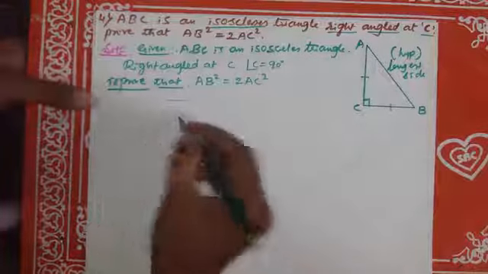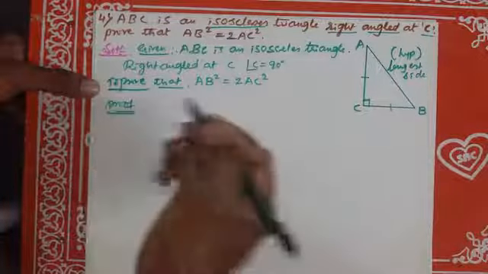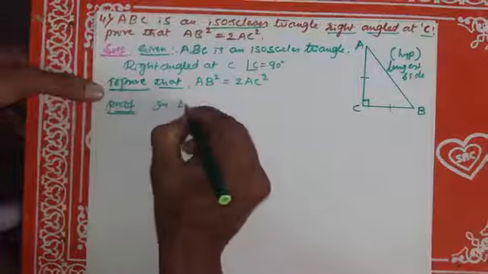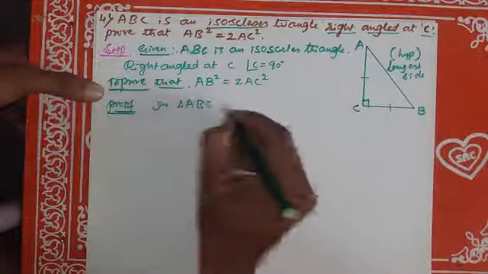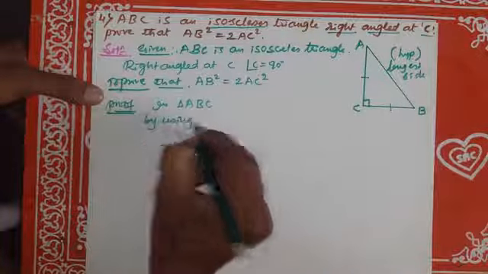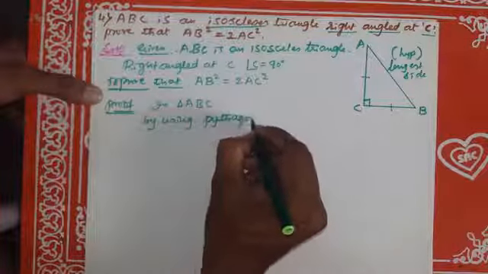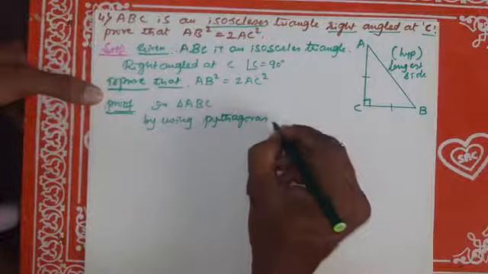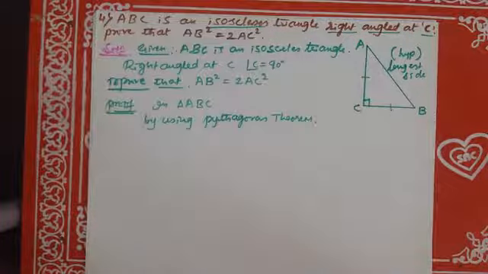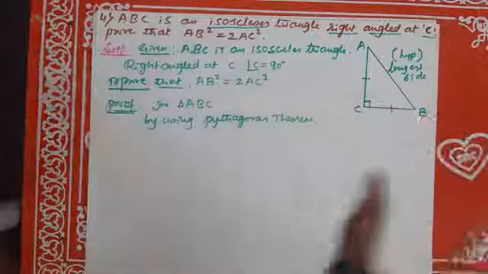Proof: in triangle ABC, by using the Pythagoras theorem, AB square is equal to AC square plus CB square.